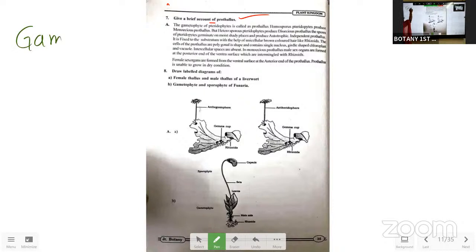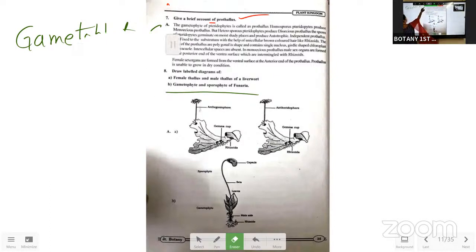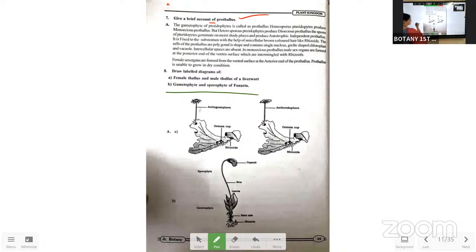So the heading is gametophyte and sporophyte of funaria. If I write the heading, then I cannot draw the diagram and give the labeling part. Okay. Now we are going with this one. See how I am drawing.